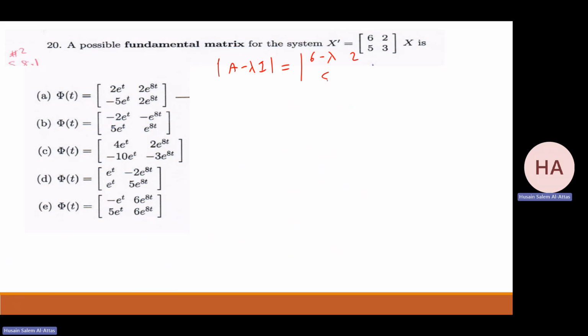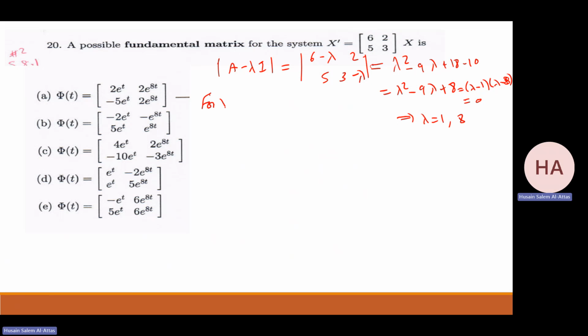The determinant of 6 minus lambda, 2, 5, 3 minus lambda will be lambda squared minus 9 lambda plus 18 minus 10, which is lambda squared minus 9 lambda plus 8, which is lambda minus 1 times lambda minus 8. That equals 0. So I have lambda equal 1 and 8.